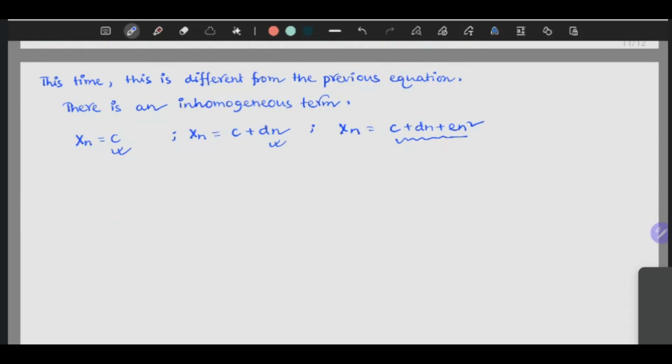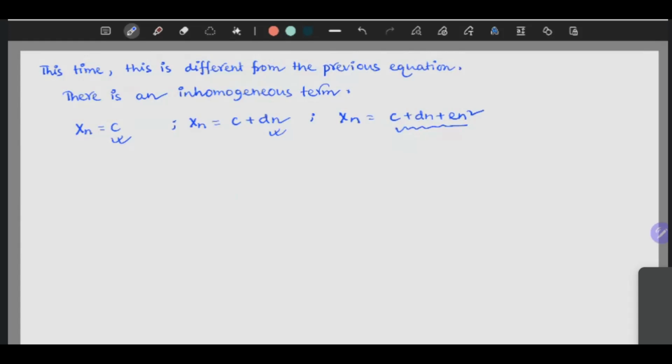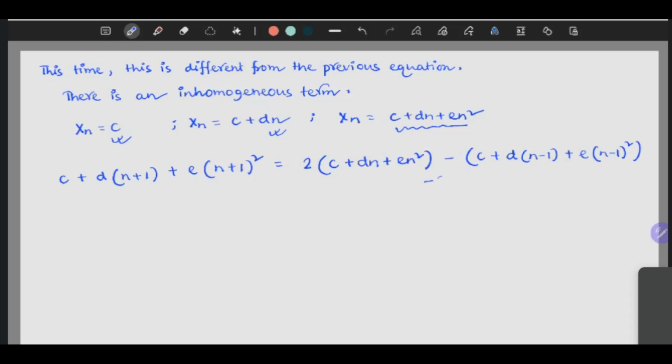So putting this into the equation, you can get that c plus d(n plus 1) plus e(n plus 1) whole squared is equal to 2 times (c plus dn plus en squared) minus (c plus d(n minus 1) plus e(n minus 1) whole squared) minus 2.